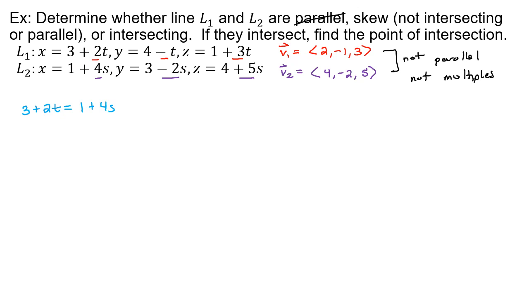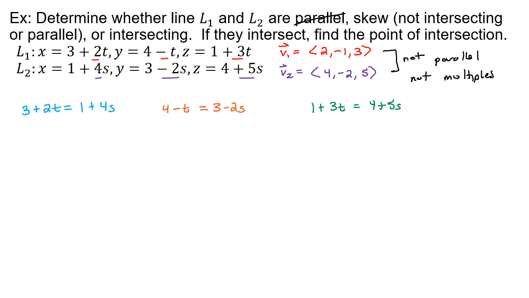And then I could set 4 minus t equal to 3 minus 2s. Or I could set 1 plus 3t equal to 4 plus 5s. So I'm setting the x's, the first components together, the second components, the y's, and the z's, all equal to each other.